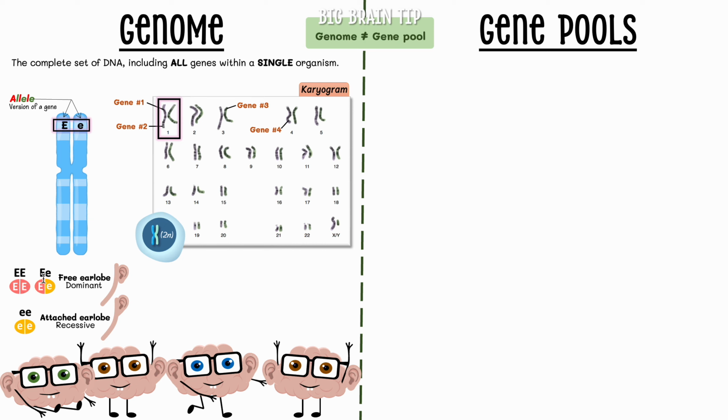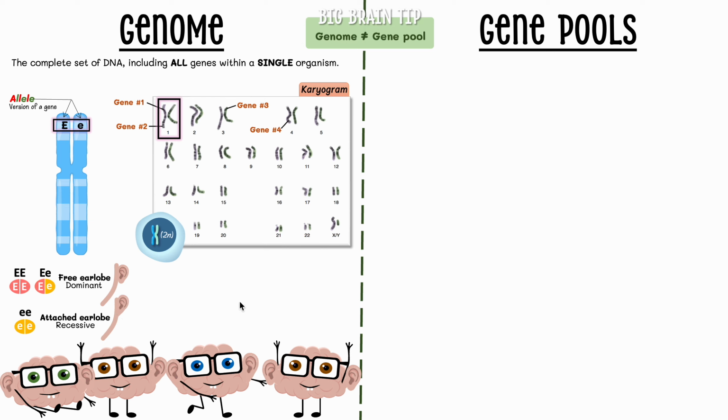Now, if you receive a dominant allele from one of your parents and a recessive allele from the other, because the dominant allele is present, you will have the free earlobe, not the attached one, because the dominant allele masks the recessive allele. Now, in the last example here, if you receive two recessive alleles from your parents, because there is no dominant allele, you will have the recessive phenotype, which is the attached earlobe.